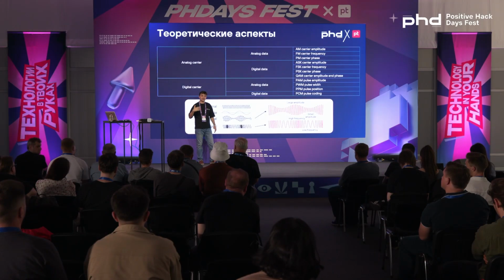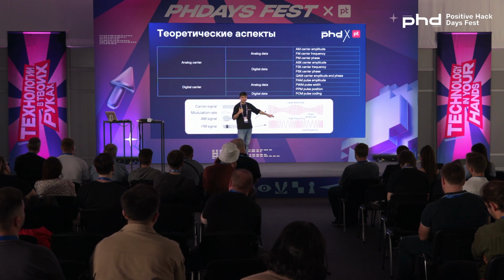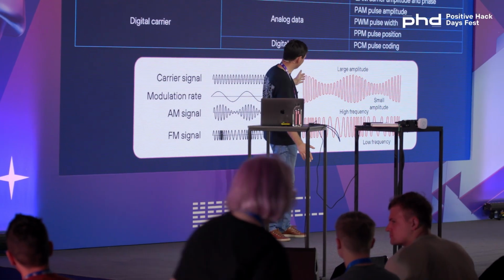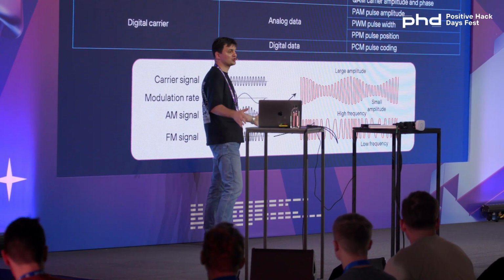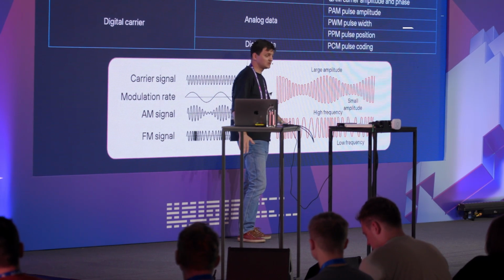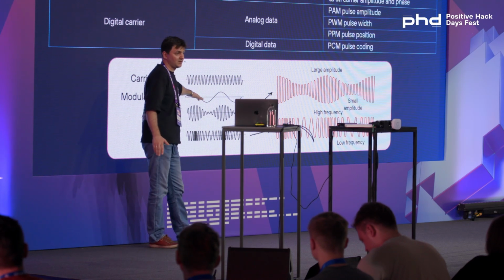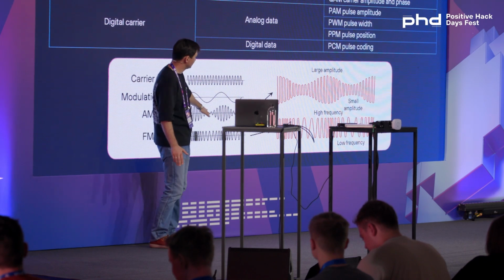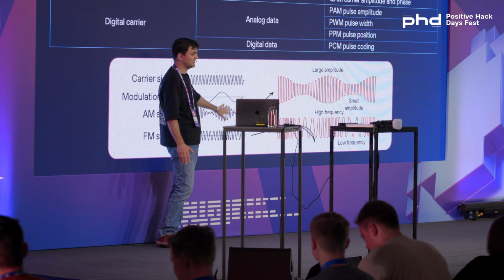And the final wave can have different forms. This is amplitude modulation, with amplitude on the y-axis, added on the carrier frequency. And frequency modulation, when the frequency of the carrier is changed, but the amplitude is the same. In principle, the same signal on the same frequency can be transmitted in different ways.